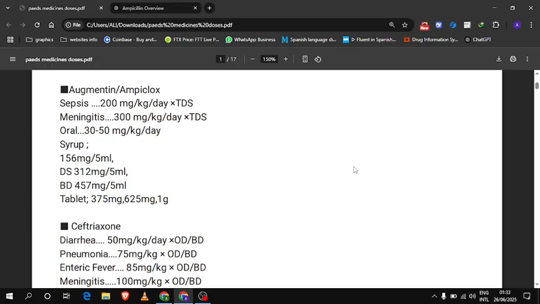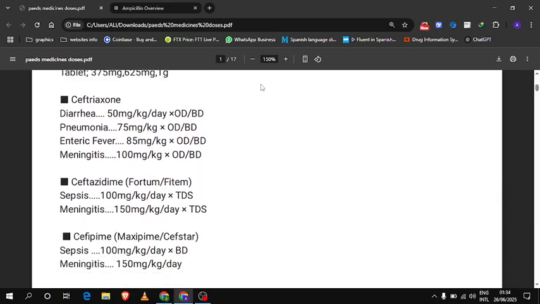The strengths of different suspensions are 156 mg by 5 ml, double strength is 312 by 5 ml, and the highest strength is 457 mg by 5 ml. The tablet concentrations are 375 mg, 625 mg and 1 gram.